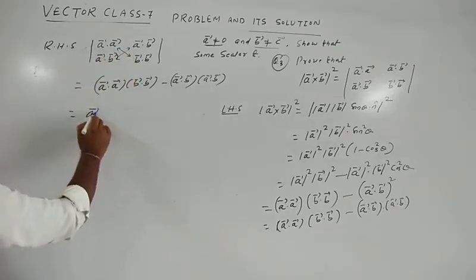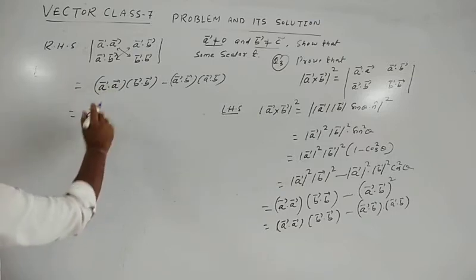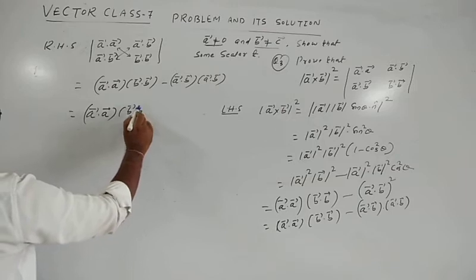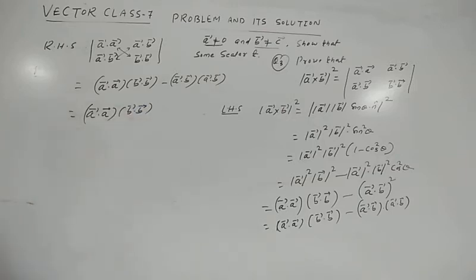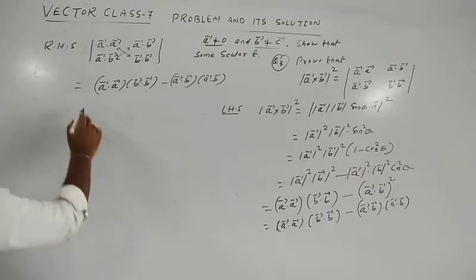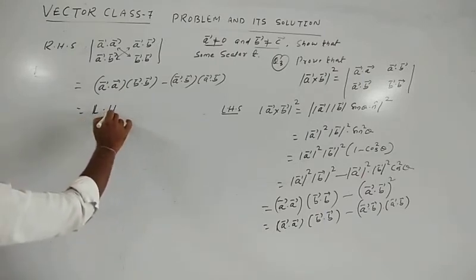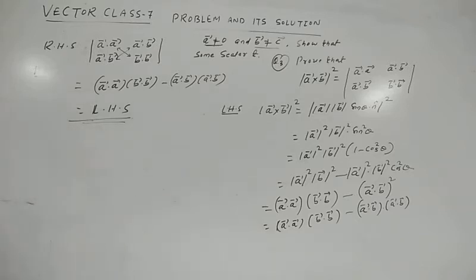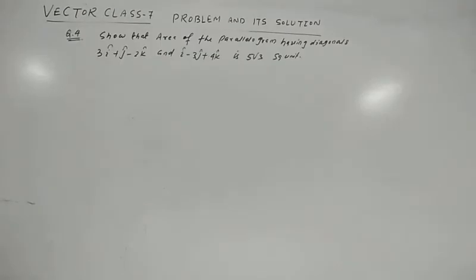So this is A dot A into B dot B minus A dot B into A dot B. Clearly this is equal to RHS, and this is LHS. Therefore LHS is equal to RHS. So the proof is complete. Next we go to another problem.